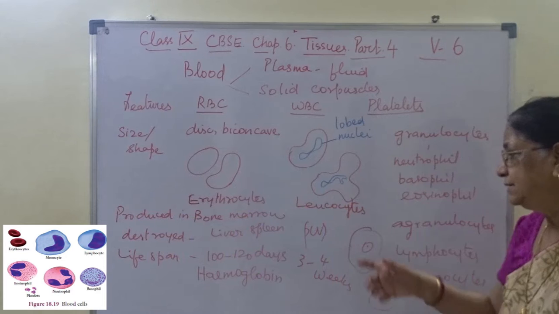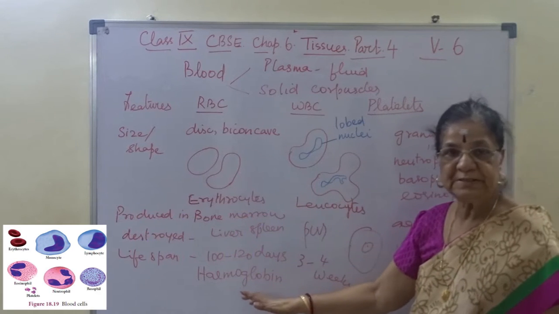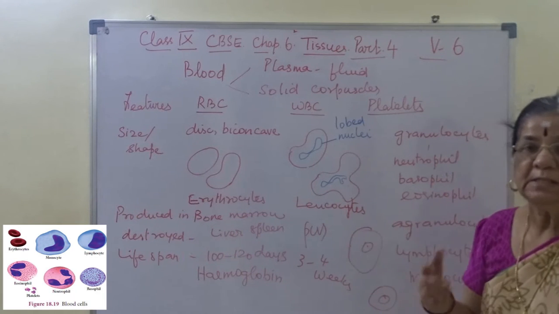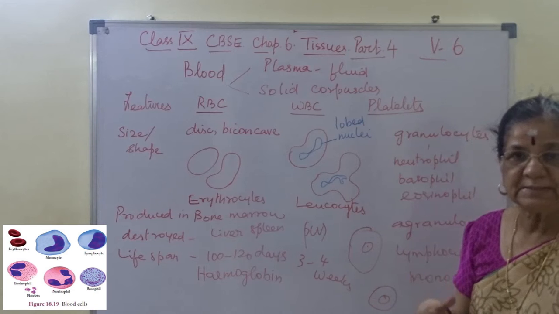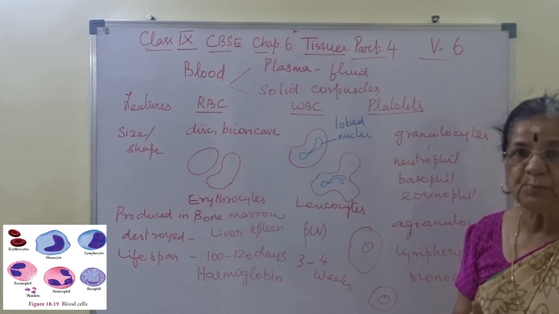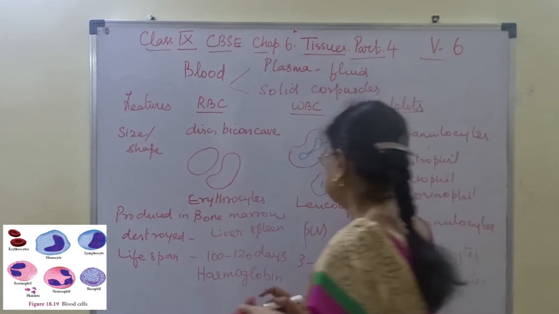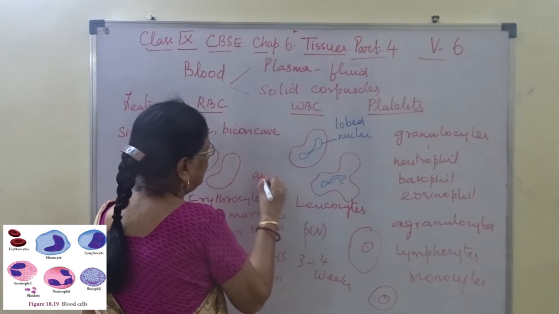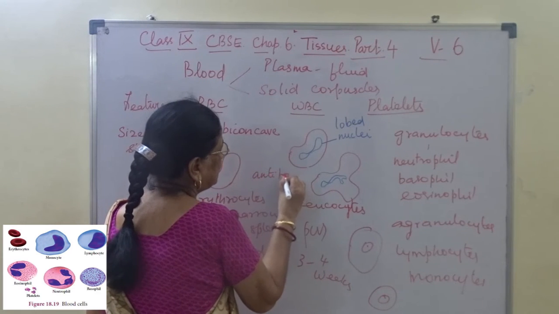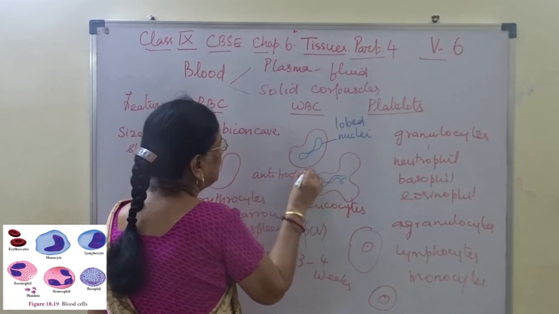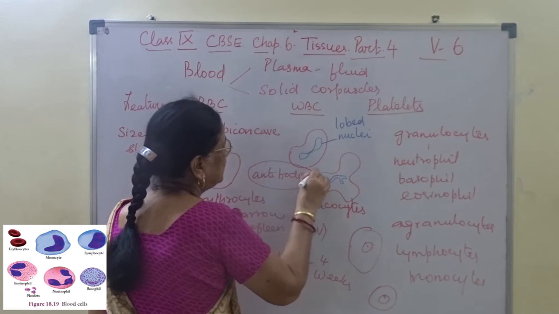And then RBCs have hemoglobin, whereas here it is for fighting against the diseases. So WBC will produce antibodies.